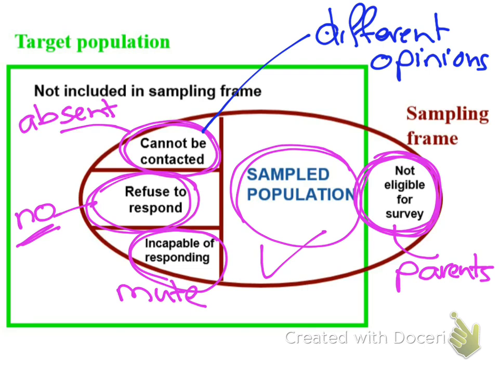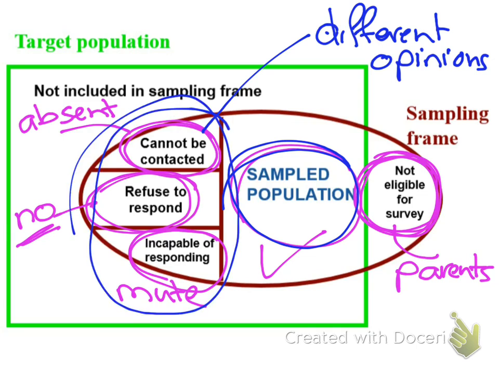So what can happen is that the people who are actually sampled can have a different opinion or have different data than these other categories. And that's why we need to be aware of who these people are so we can try and understand who our data can be suggestive of. So if I get results of this data, that means that for the kinds of people that answered, this is how they feel.